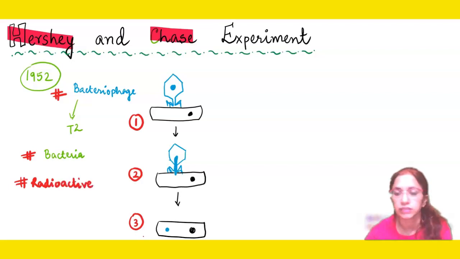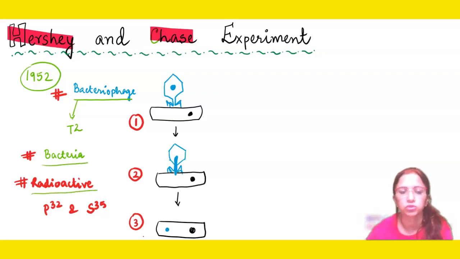Right, we will discuss why they used radioactive isotopes. Two radioactive isotopes were used, one with the mass number 32, phosphorus P32, and another was sulfur with the mass number 35. So all these are the requirements: bacteriophage T2, bacteria, radioactive isotopes P32 and S35.